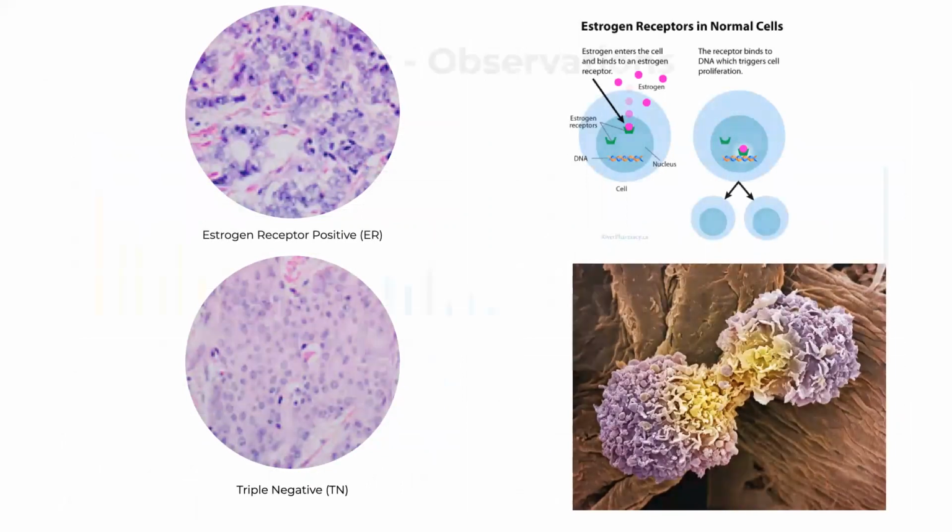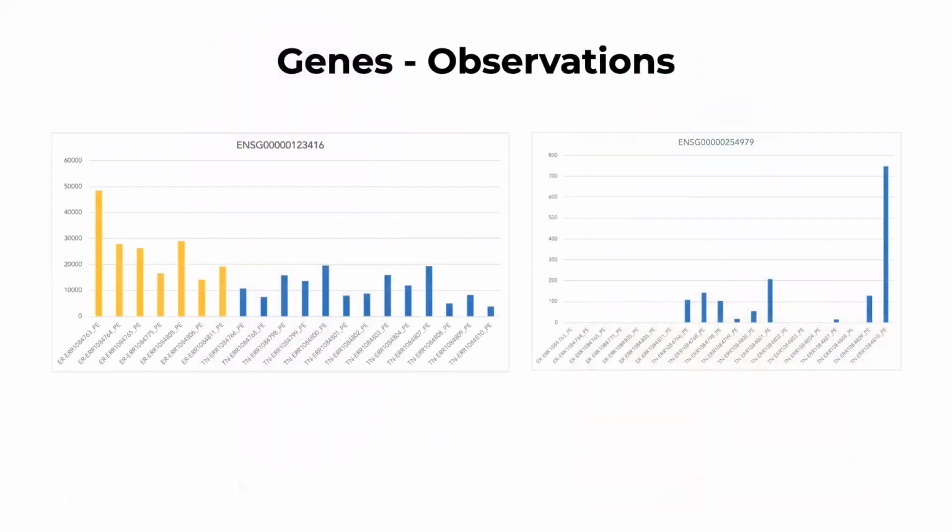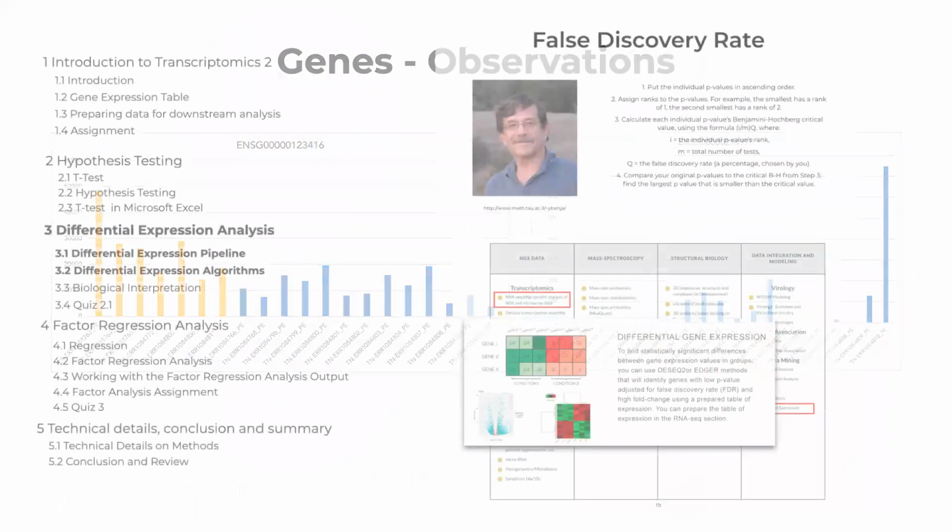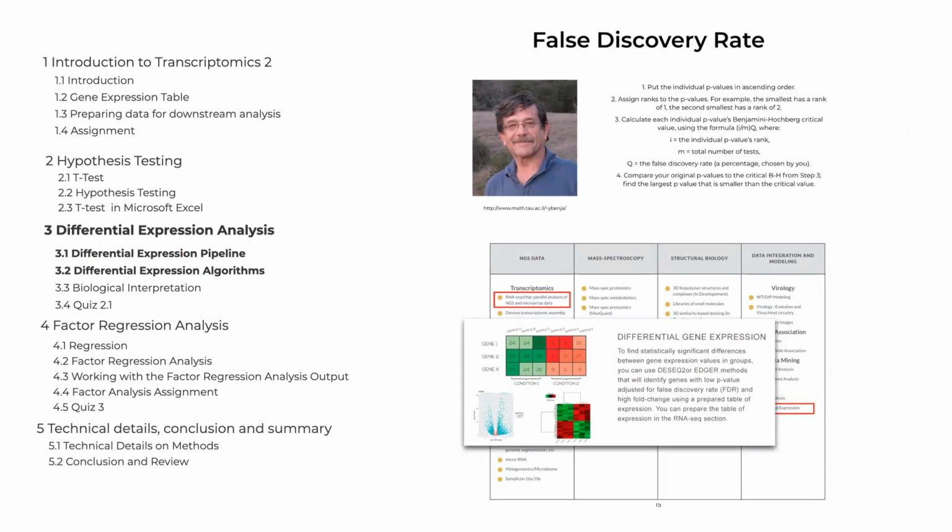The same way we looked at regression to study correlation between two particular samples, you can use correlation to explore factors in your experiment design. So please take a look at factor regression analysis. This is in Transcriptomics 2.